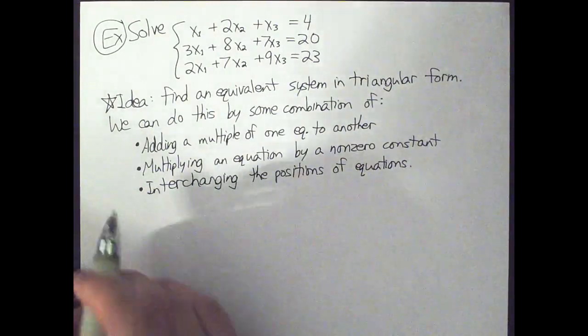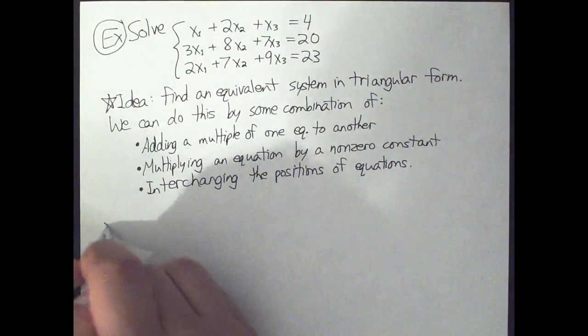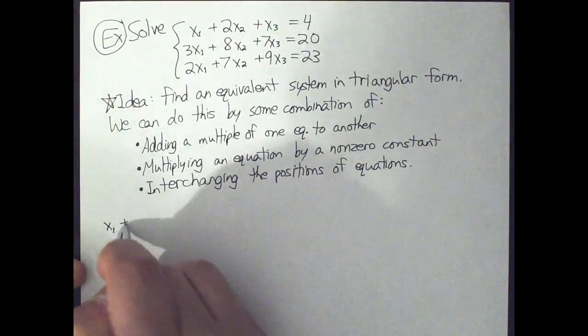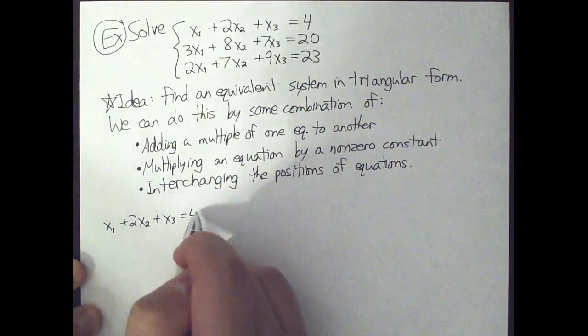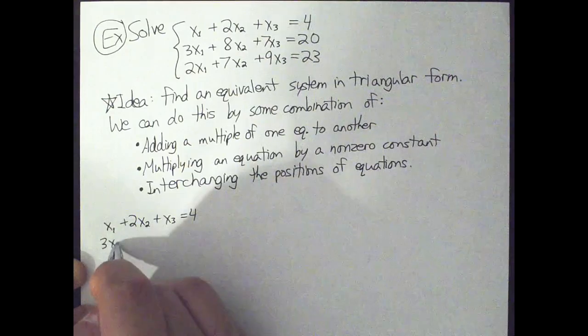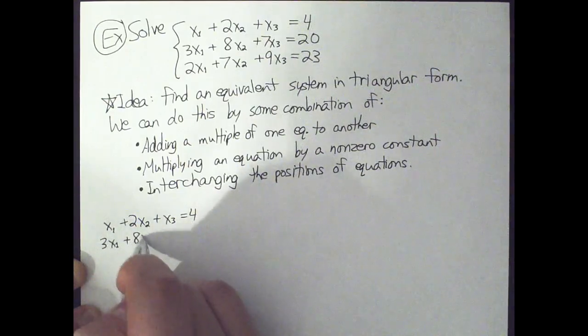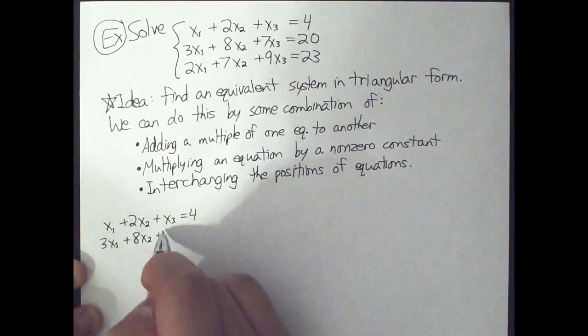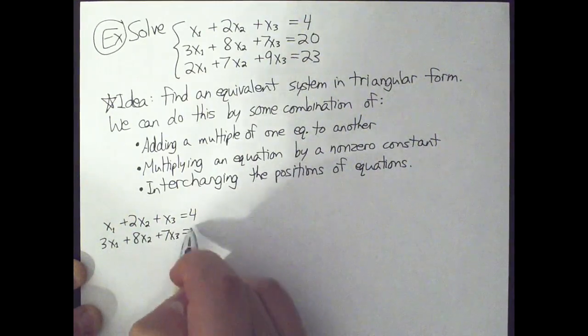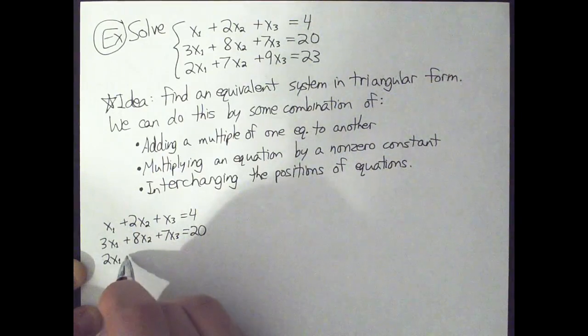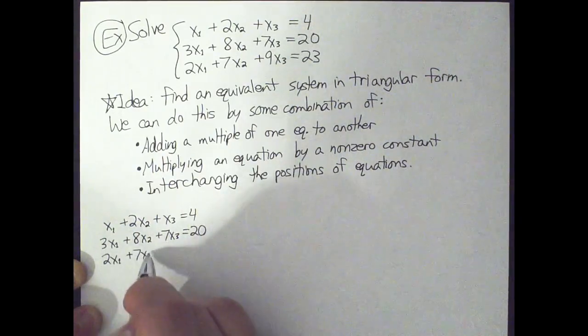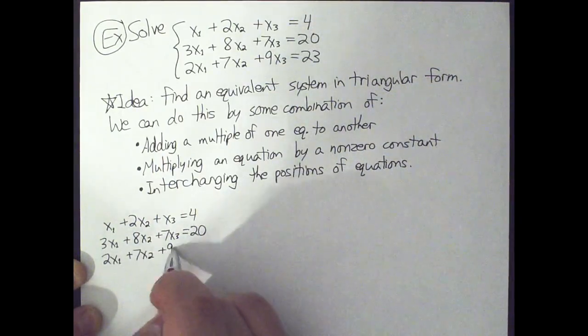All right, I'm going to start by rewriting the problem down here because we wrote a bunch of sentences, and let's get the problem again. When I write it, I'm going to try to write it nice and neat with all the equal signs lined up, and the x1s on top of each other and the x2s on top of each other and so on.